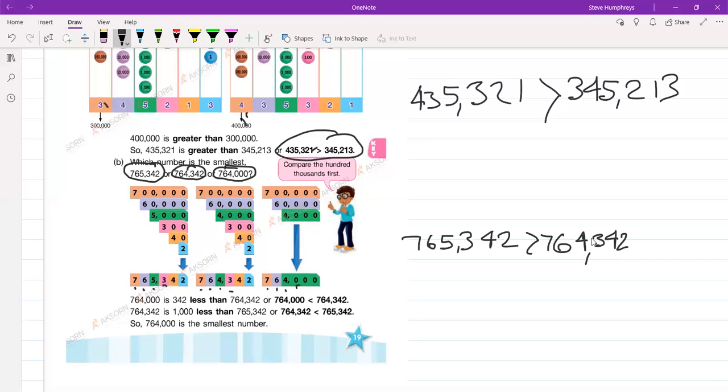So that's your smallest number. So you could put another symbol there.